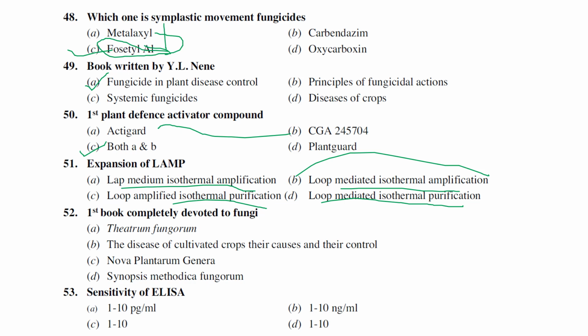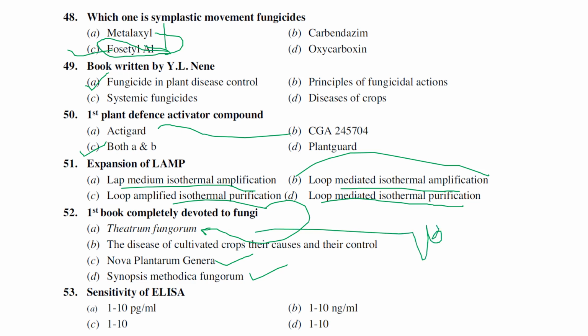So the first book that is completely devoted to fungi: Theatrum fungorum, the disease of cultivated crops under their control, Nova plantarum genera, Synopsis methodica fungorum. Actually the first book that is completely devoted to fungi is Theatrum fungorum, that was written by Van Sterbeeck, I think 1675.